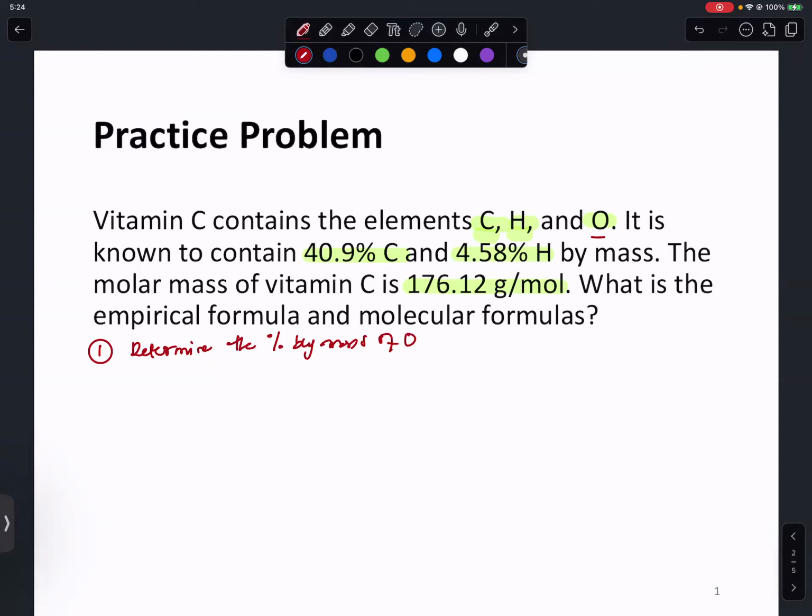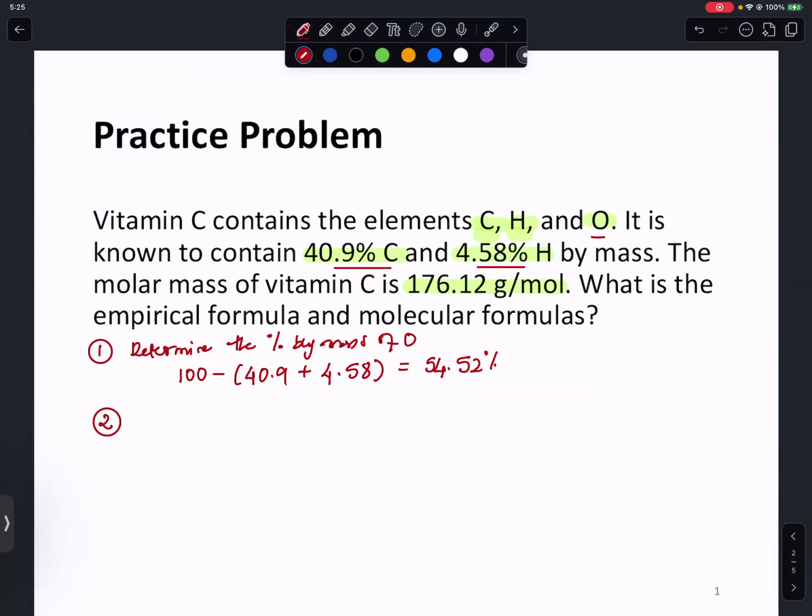And this is by subtracting the percent by mass of carbon and hydrogen from 100, because they should all hypothetically add to 100. So I can say that 100 minus 40.9 plus 4.58 equals 54.52%.